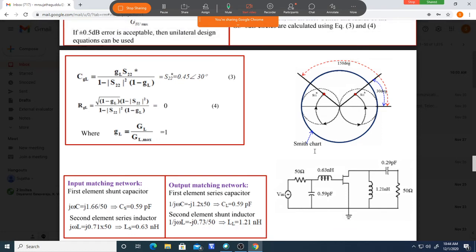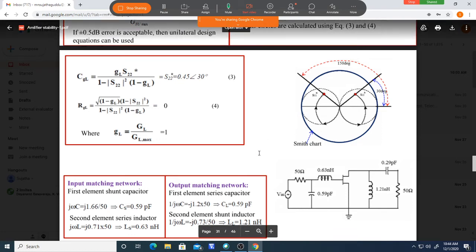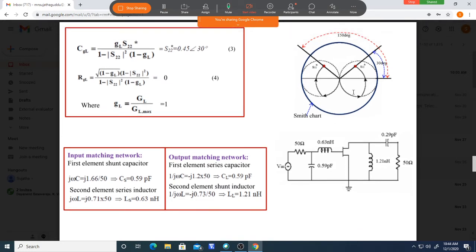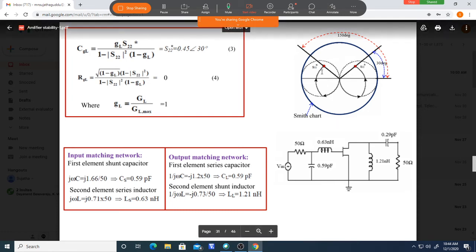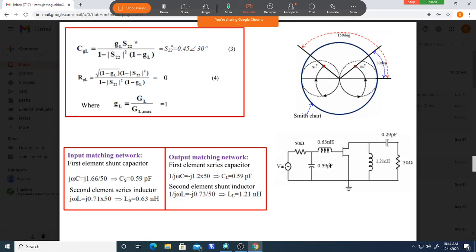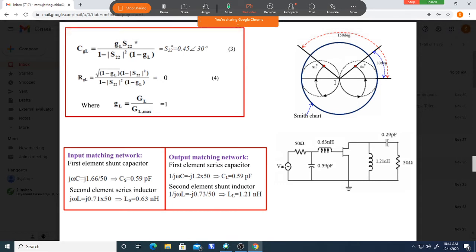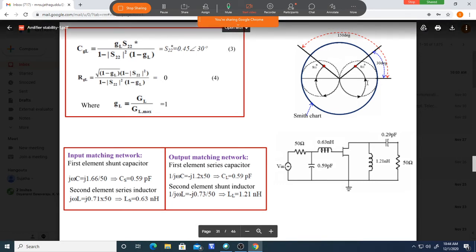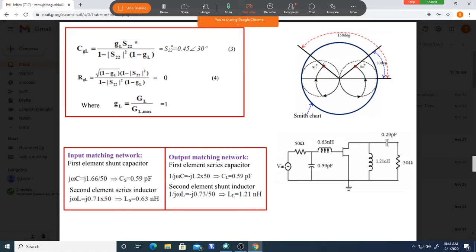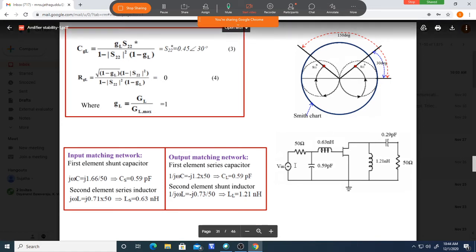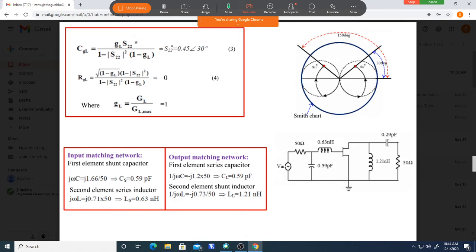Okay, so what is the next step here? You should design this, so ZS must be equal to this value. What is the value of this impedance matching network? This network. Here is the procedure on the Smith chart. I want this value. What I can do, this is 50 ohm. We started from 50 ohm here.